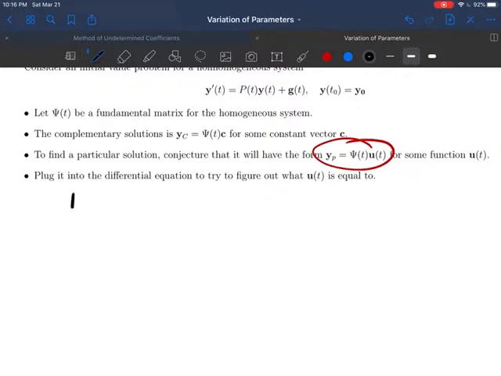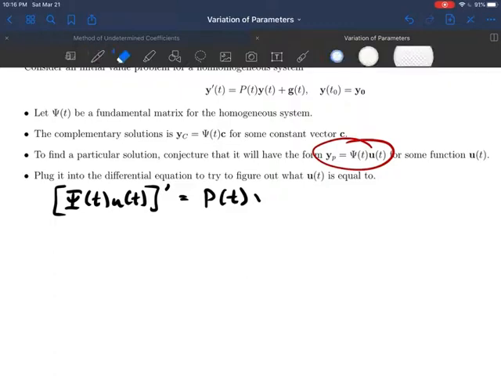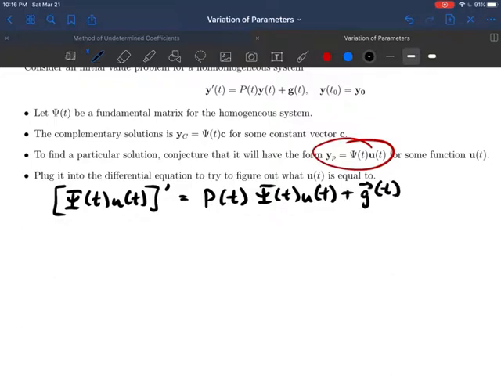So on the left-hand side here, we're going to have the derivative of Psi of t, u of t, equals P of t times y of t, and that will be P of t times Psi of t, u of t, and then plus g of t. That's a vector there, there, and there, since I don't write in boldface.